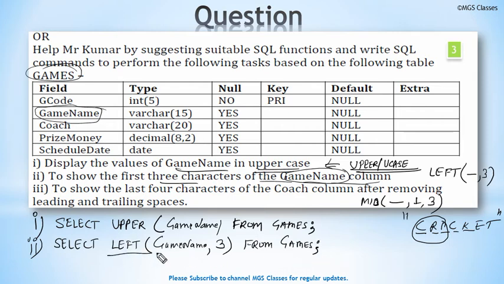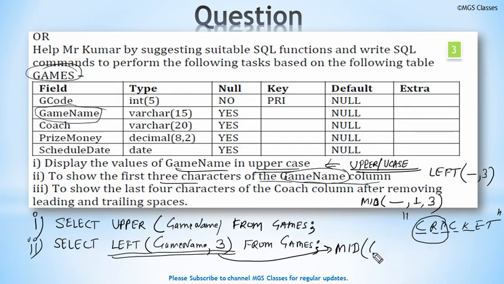Or in place of this LEFT, you can also write MID or SUBSTRING, whatever you remember. MID, SUBSTRING and SUBSTR, these three functions are very similar. If you don't understand this, you can watch the string functions topic video available in the playlist.